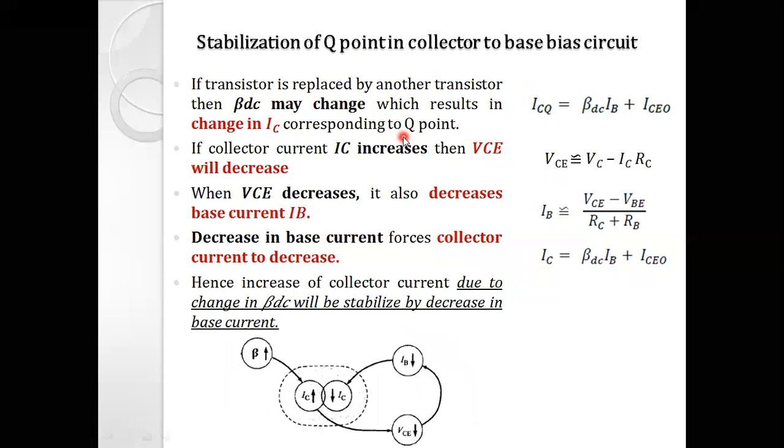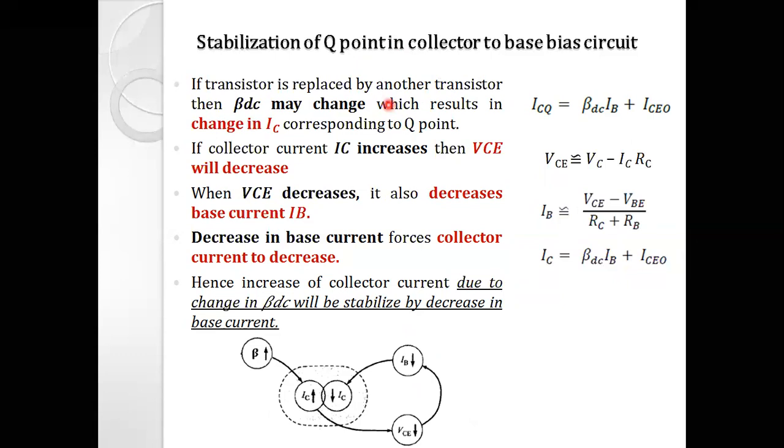The second parameter: when we replace the transistor, what happens to the stability of the operating point? As I discussed earlier, whenever we change the transistor, there is a chance of change in the magnitude of beta. What is beta? Beta is the gain.